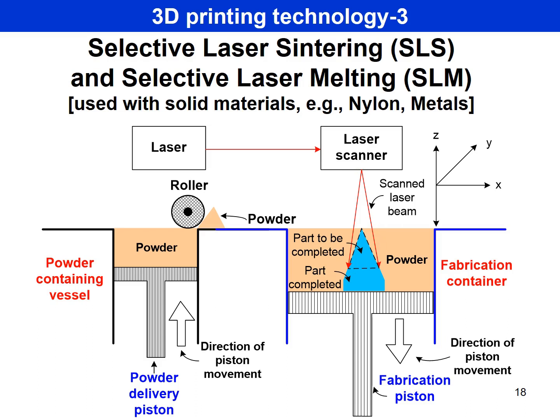The material in this case is powder, and this fabrication piston is moving down, and the powder is replenished by moving this piston up, and this moves in the XYZ direction as before, but at the end one is literally removing the object right from the powder material.